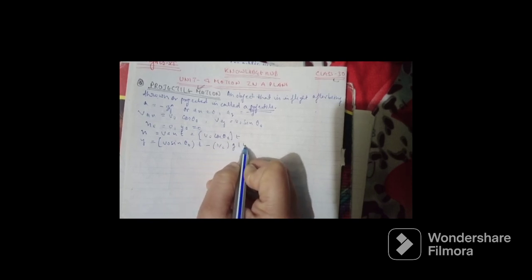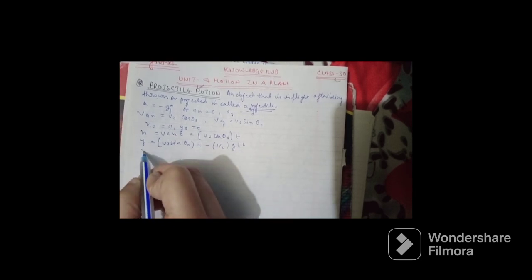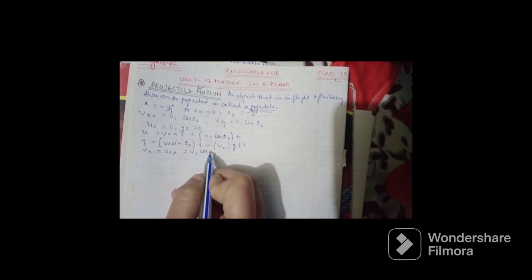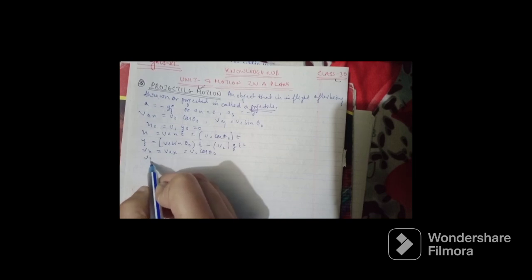The components of the velocity at a time t can be obtained: v x equals v ox, which is v naught cos theta naught, and v y equals v naught sin theta naught minus g t.